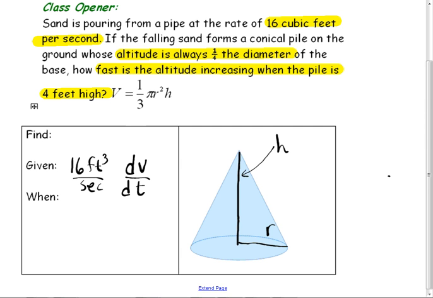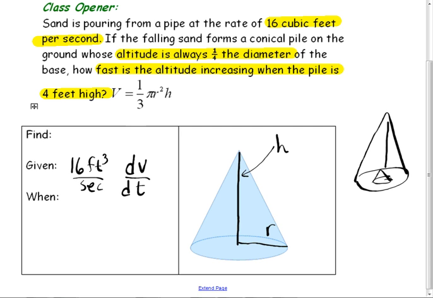You know that the pile will start small like this, and then it's going to get bigger as more sand falls. So both the radius is changing and the height is changing. You ever seen sand form in a conical pile? Okay, so the base is going to get bigger, but it's also going to grow in height. Correct? The radius is not constant.